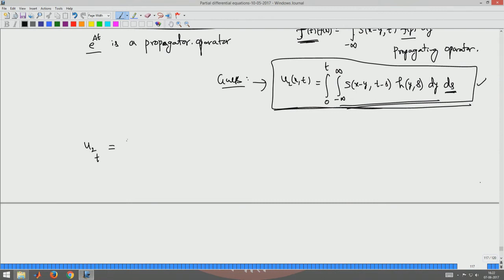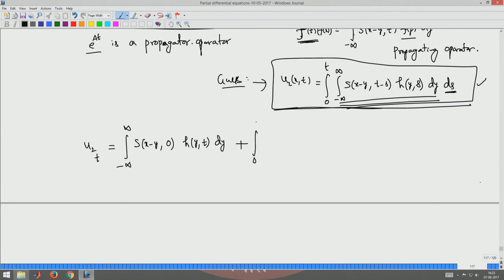If you do that, the first term is S of x minus y, t minus t, that is 0, and h of y, t, dy, that is what you have, plus now you can integrate whatever is the integrand. The integrand is a function of t, so you can differentiate it.